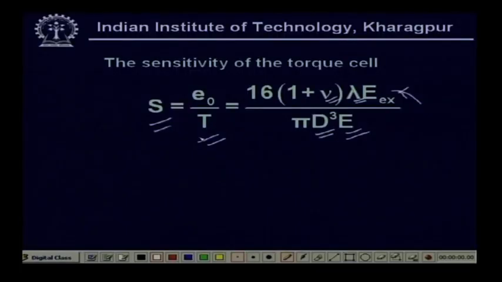Now, obviously, you can increase the sensitivity by increasing the excitation voltage, or by increasing lambda, that means choosing a type of strain gauge with higher lambda. But lambda varies little, usually from 2 to 4 for metal wire gauges.